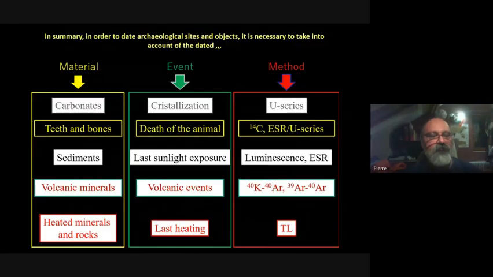When we try to date, we have to take into account all these phenomena. But we also have to keep in mind which kind of event we will date using one method or another, because the beginning of the time lapse, when we start the chronometer, is not the same for all the materials.